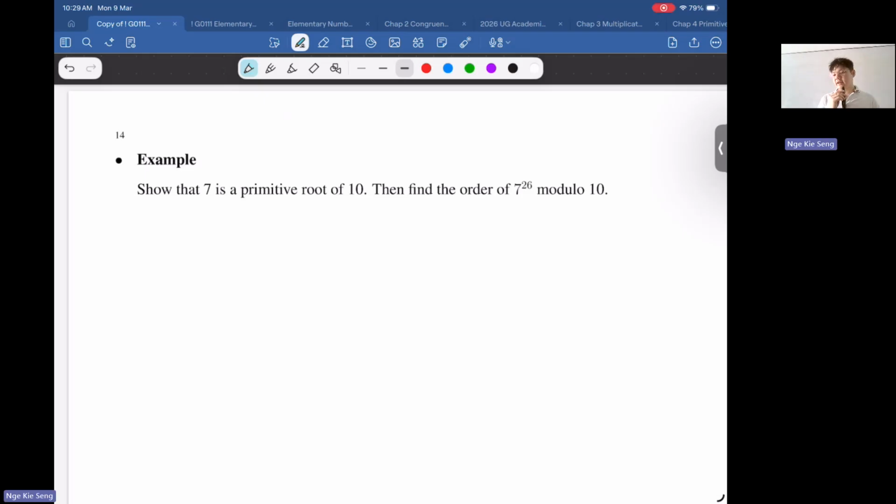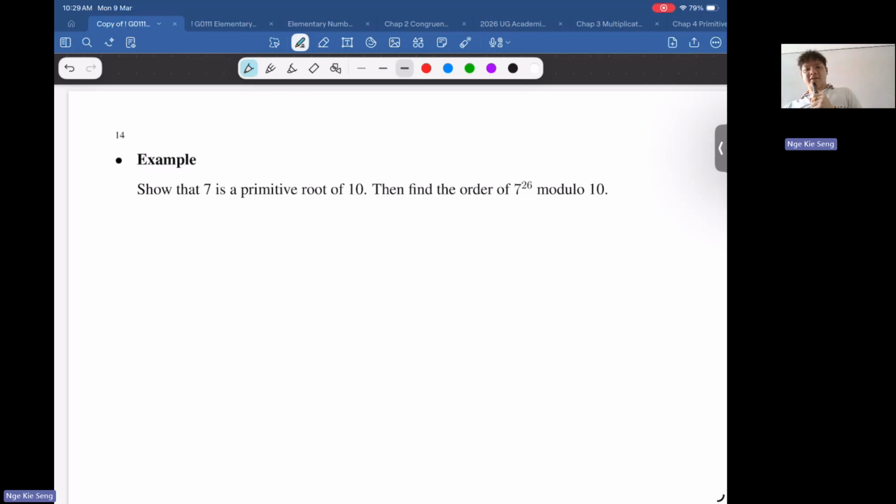So how to show that 7 is a primitive root of 10? When is a number a primitive root? Before checking the order, we will see that 7 is relatively prime to 10. Good. Next, we want to show that the order of 7 is φ(10). So what's φ(10)? 4.